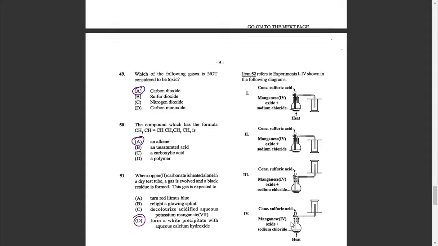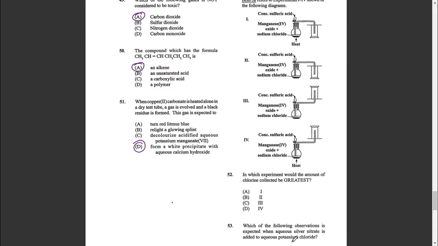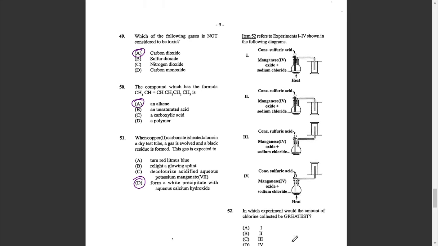Item 52 refers to experiments 1 to 4, shown in the following diagrams, right? In which experiment would the amount of chlorine collected be the greatest? Alright.